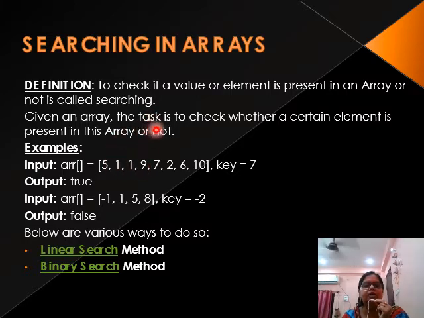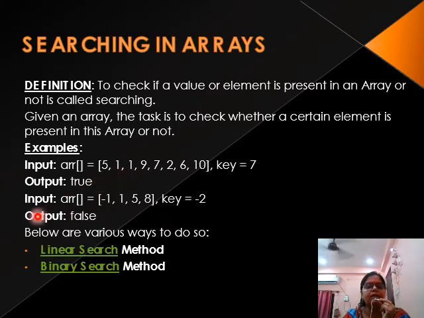Given an array, the task is to check whether a certain element is present in this array or not. For the example, we input 5, 1, 1, 9, 7, 2, 6, 10. In this we have to search for 7. Is 7 present in this or not? Yes, 7 is present here, so the output will be true.